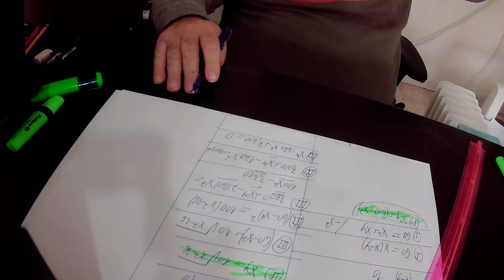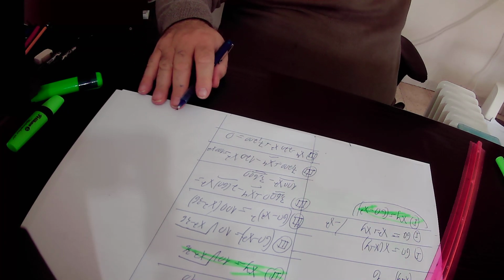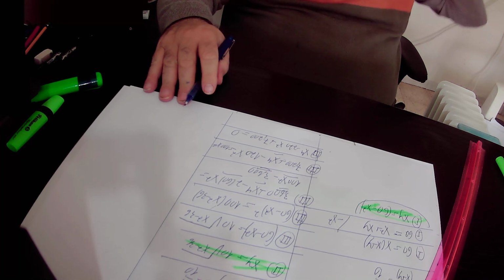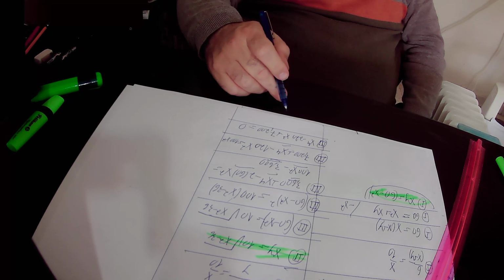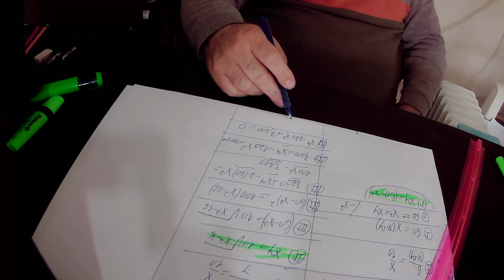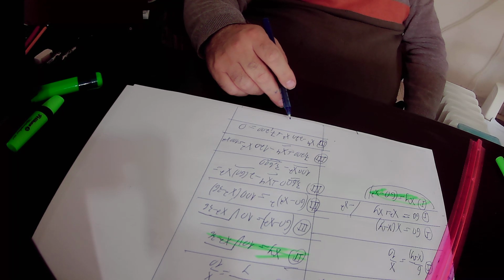Here we will substitute minus 220 x squared by minus 180 x squared minus 40 x squared.